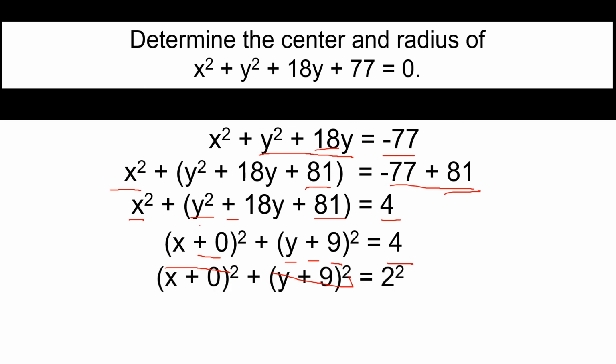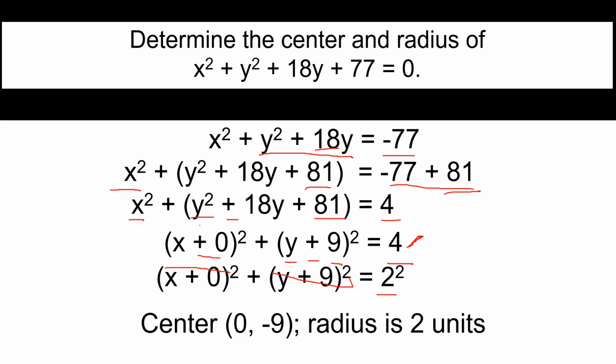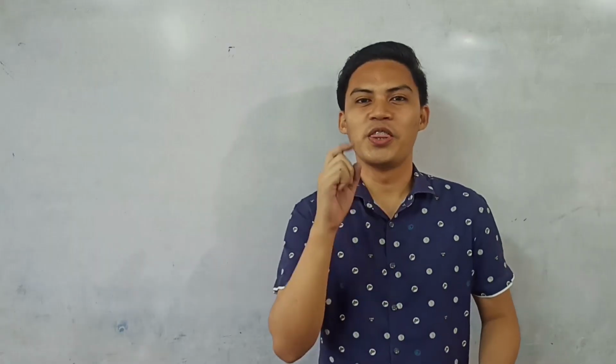Then we're going to express yung constant term natin as a square of a single number. So, yung 4 magiging 2 squared. And finally, we can determine now the center and the radius of the given equation. So, the center is at 0, negative 9. At yung radius naman natin is 2 units. Now it's your turn. Try to answer the following questions.